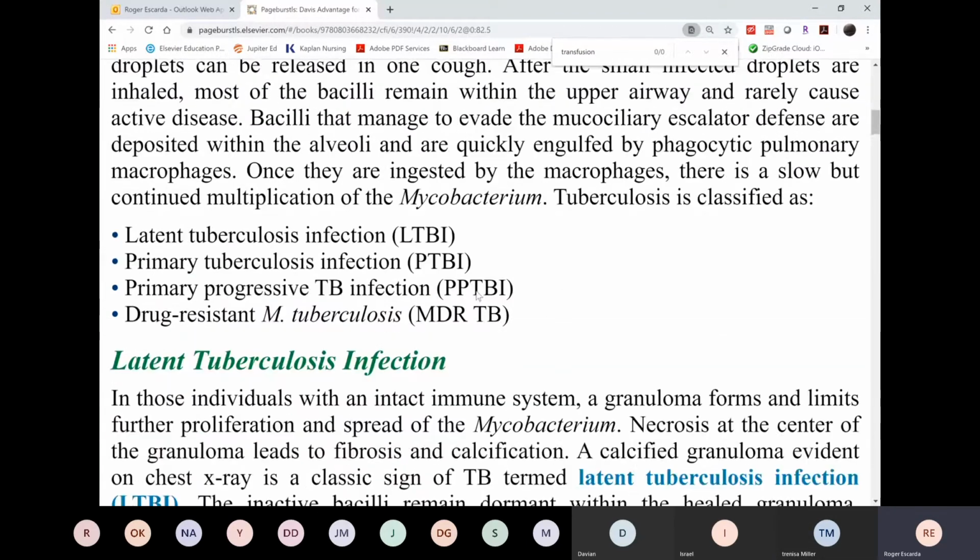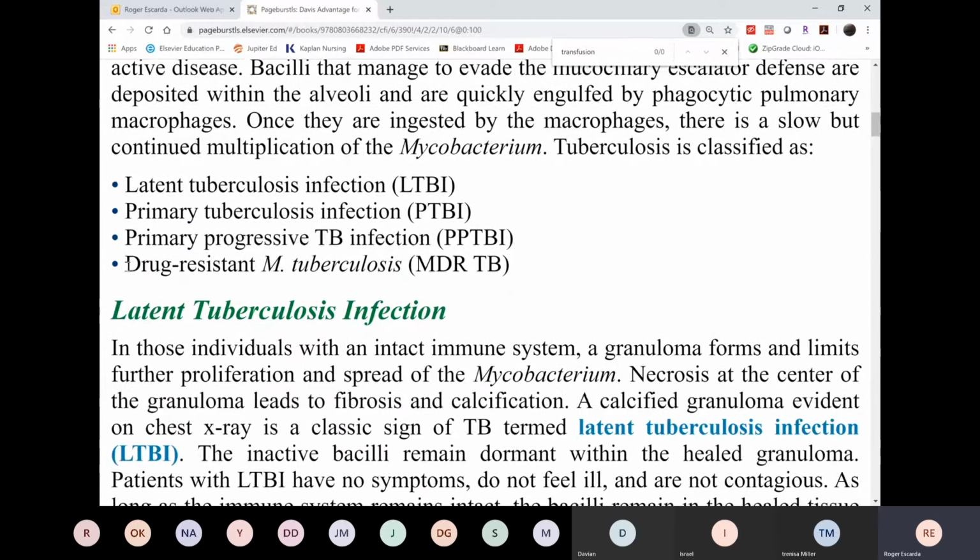And then finally, drug resistant strain. This is the most difficult to treat. This is the one that usually affects immunosuppressed individuals, or those with other chronic conditions.